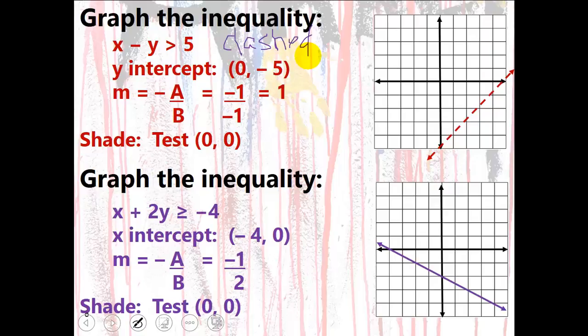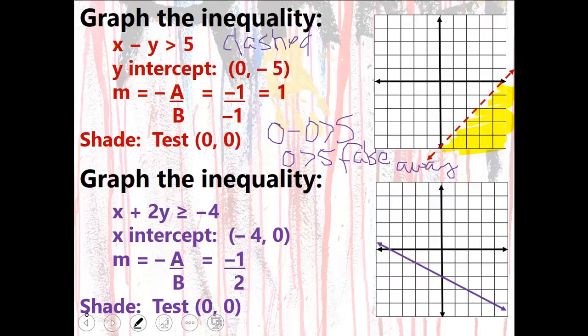Now we have to test it. I'm going to test (0, 0). Is 0 minus 0 greater than 5? Is 0 greater than 5? Well, that's false. So I'm going to shade away. Away is going to be down here on the opposite side.